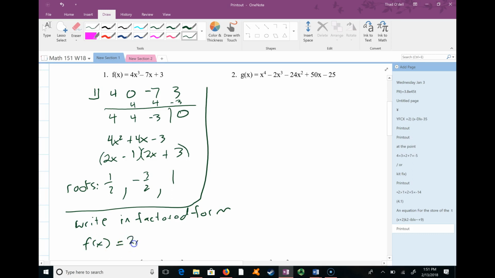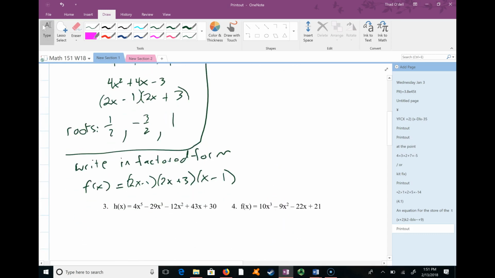So that would be 2x minus 1, 2x plus 3, and the factor that goes with 1 would be x minus 1. And if you were to multiply this all back out, you'd get that polynomial. So that's in factored form, and I could have also asked you to find the x-intercepts. Well, the x-intercepts would also be the same as the roots: 1/2, negative 3/2, and 1.